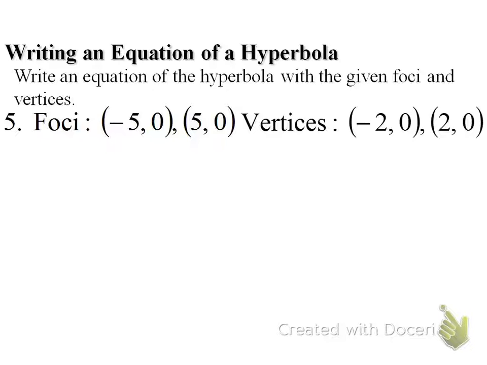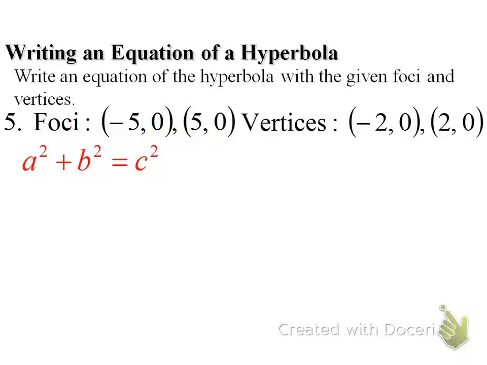C. So we know that C is 5. And we know our vertices. What do the vertices give you? A. Good. And both of those, the foci and the vertices, are left and right of the center. Do you all agree? So which term needs to be in the front? The x squared term. Good.